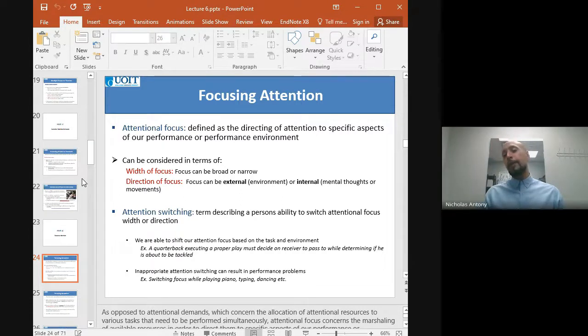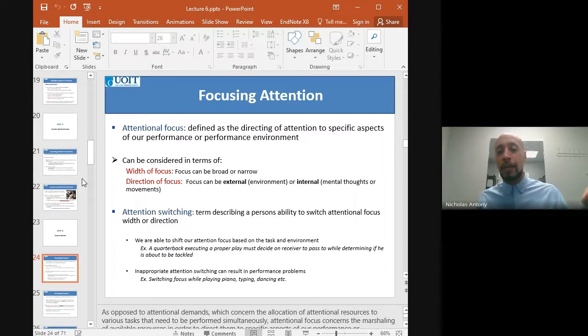How many of you have been listening in class, but something stressful is going on in your life, and someone's talking to you and you're conversing with yourself about something that happened? Then the person says, hey, are you listening? And you're not, because your attentional focus is internal.